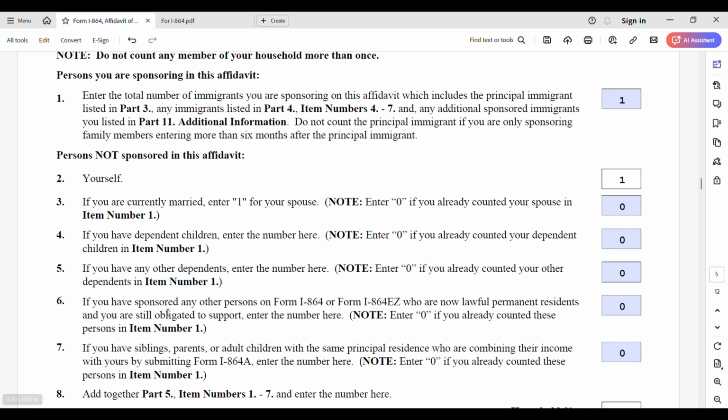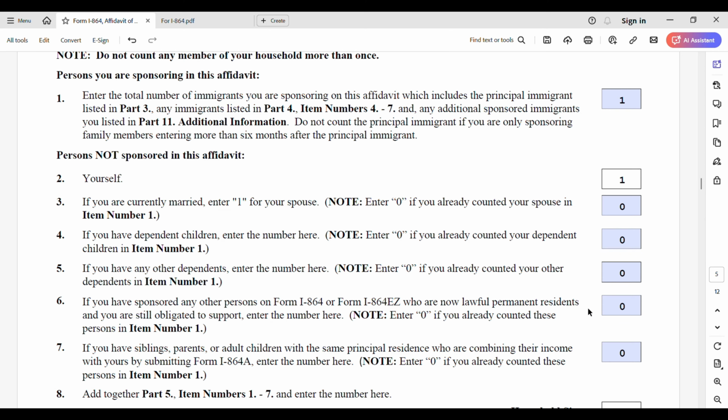Question 6, if you have sponsored any other person on Form I-864 or Form I-864EZ who is now a lawful permanent resident and you are still obligated to support, enter the number here. Enter 0 if you already counted this person in item number 1. This is very, very important.